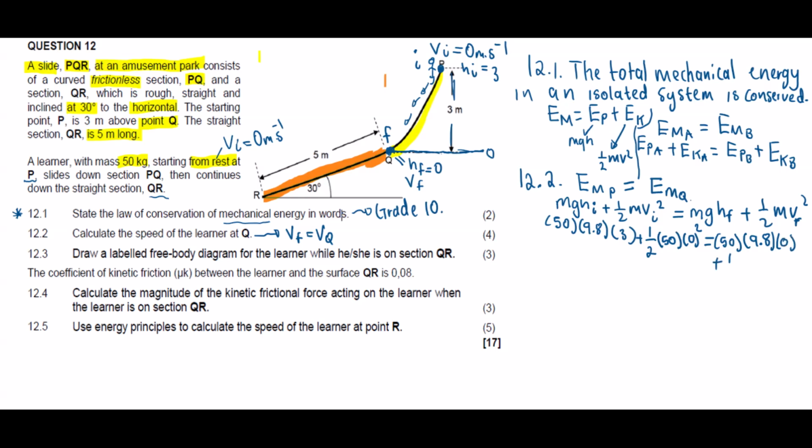And then plus half. What is the object's mass? 50. The velocity we don't know, but it's squared. And now we can calculate. In the process of calculating this, I think we can simplify the part on the left.